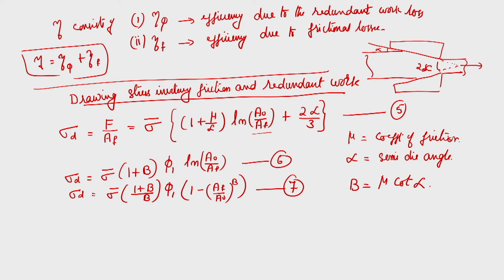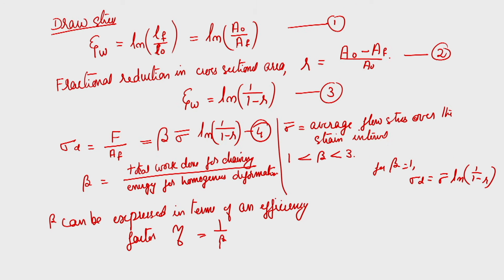So, in equation 6, the term 1 plus b into phi 1 has the same meaning as your beta in equation number 4. So, it is almost the same. Okay.